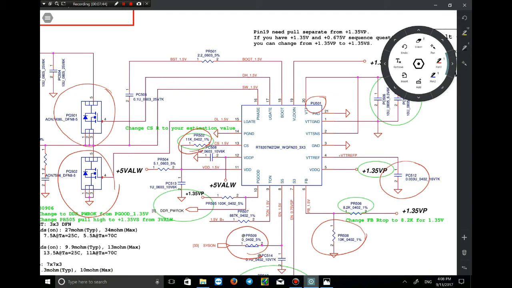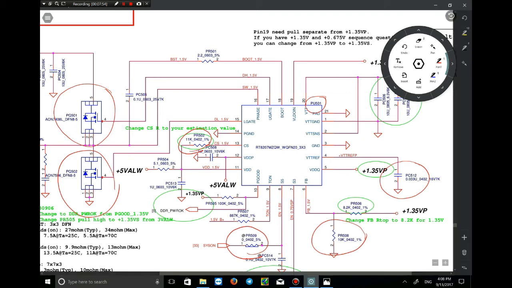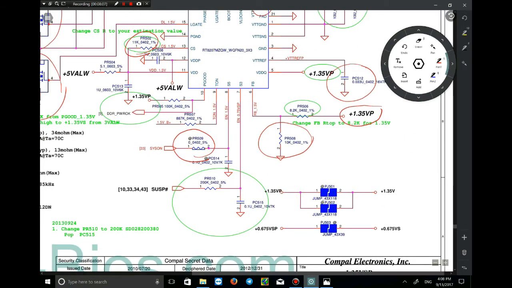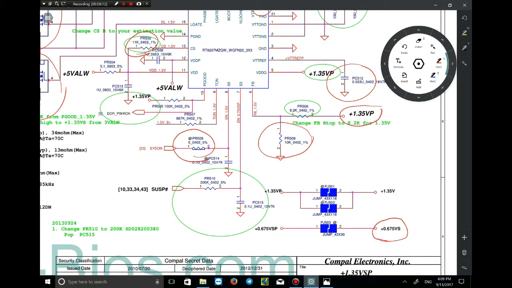All of them are over 500. This is related to the power block, the voltages 1.35 VP and 0.675 VS.